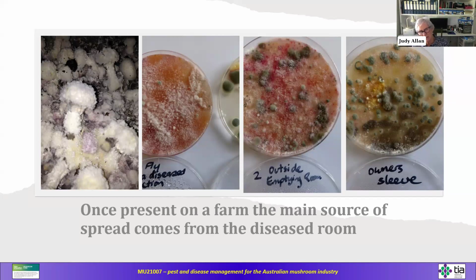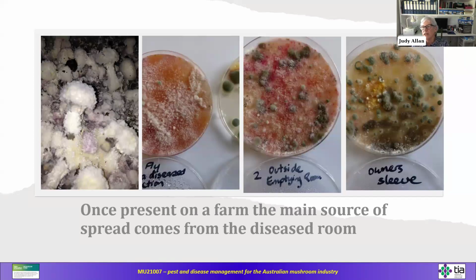And I happened to be on the farm the day they tipped out that room, and Warwick had given me some plates. So the first plate, I just exposed a couple of flies on it, and that's what ended up growing. The second plate, I just exposed outside the room that was getting emptied, and that's what grew. So that cobweb species has that distinctive pinkness that goes with its growth. And then look how dirty the owner's sleeve was.